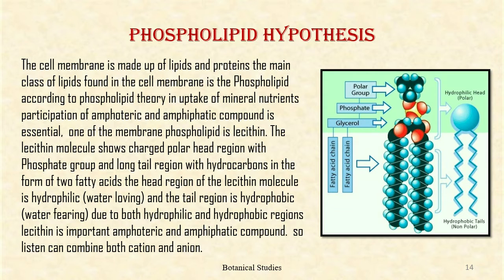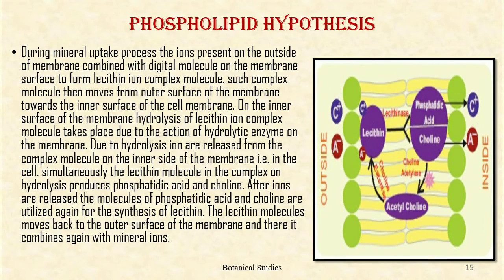The participation of an amphoteric or amphipathic compound in nutrient uptake is important because with such a compound both cations and anions can combine. During the mineral uptake process, the ion present on the outside of the membrane combines with a lecithin molecule on the membrane surface to form a lecithin ion complex molecule. Such a complex molecule then moves from the outer surface of the membrane towards the inner surface.